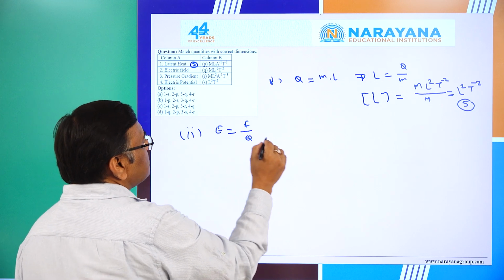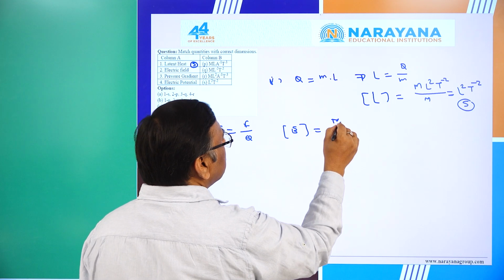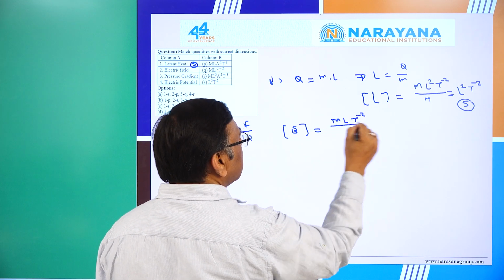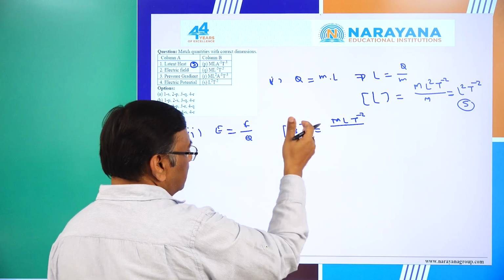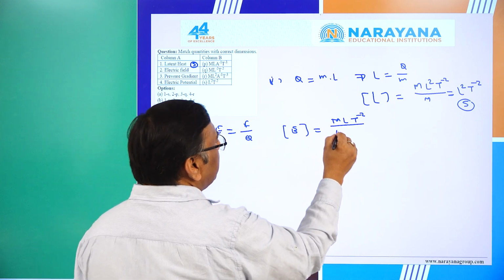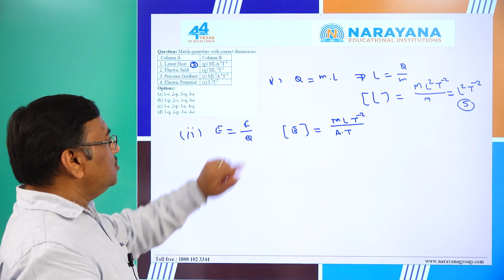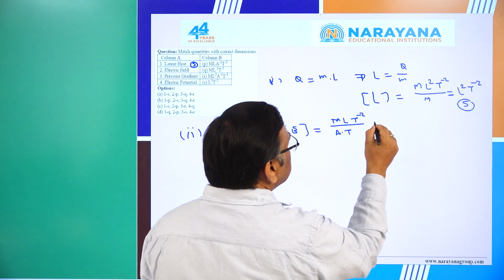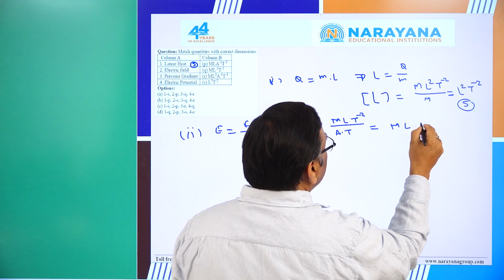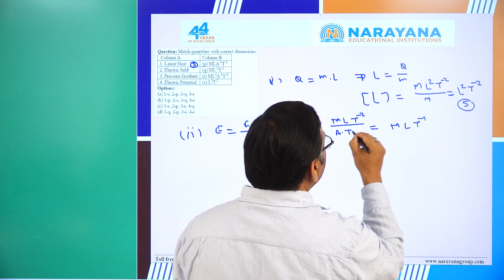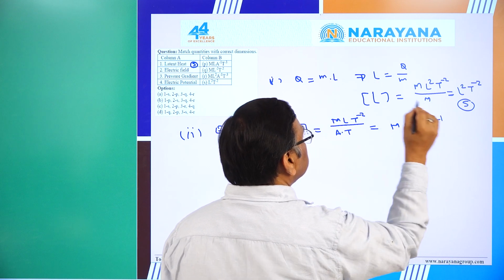So in place of Q, if I start writing the dimensional formula for electric field intensity, F you know is going to be M L T to the minus 2, that is mass into acceleration, divided by Q. Q is my charge, and charge is nothing but current into time, Q is equal to I T. So I is Q upon T anyway. Here, what we are writing, it is going to become how much? So you just check it. M L T to the minus 3, and then A to the power minus 1.